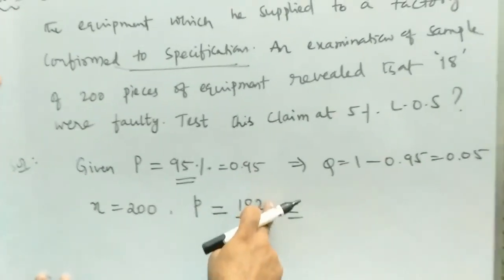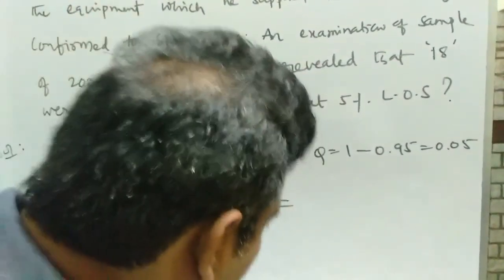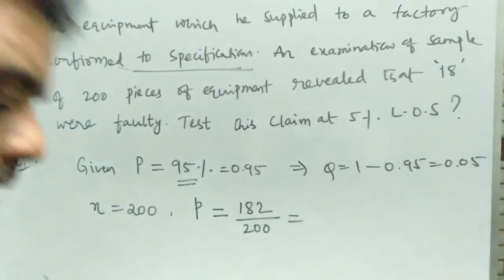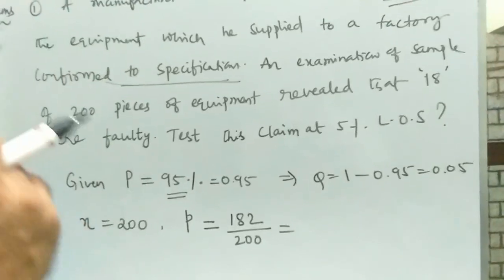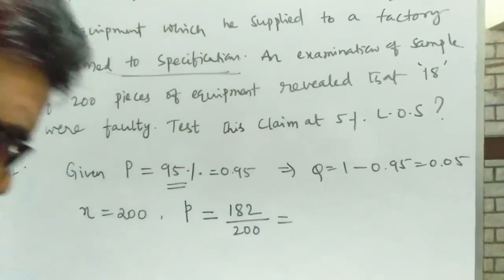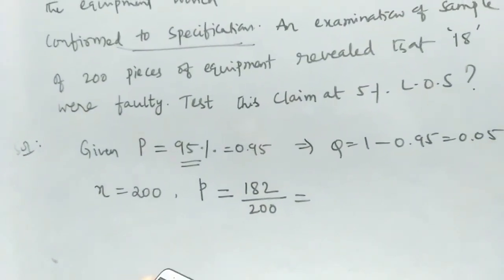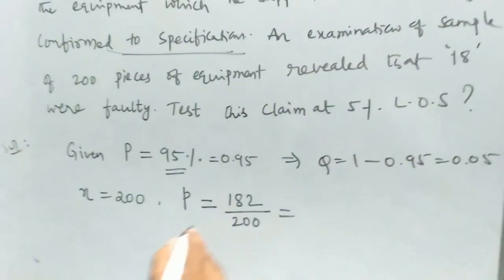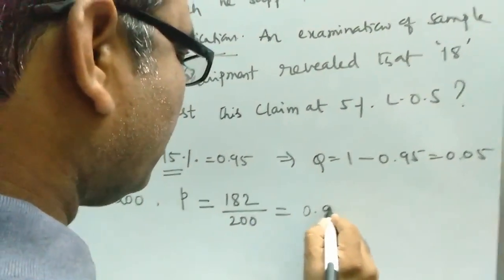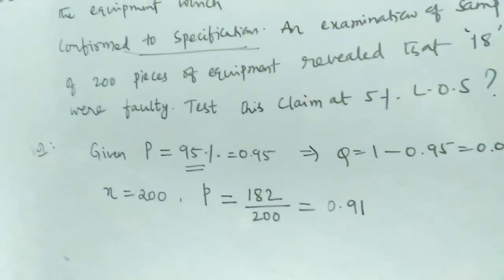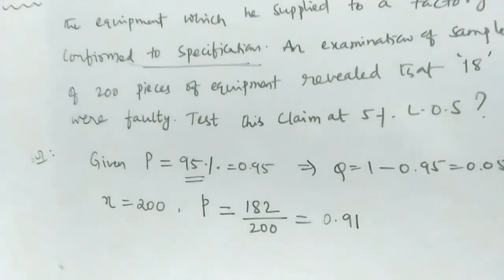Good items are 182 out of 200. So that value is 0.9 something. I'll see the value, 182 by 200. So small p is equal to 182 by 200, that is equal to 0.91.